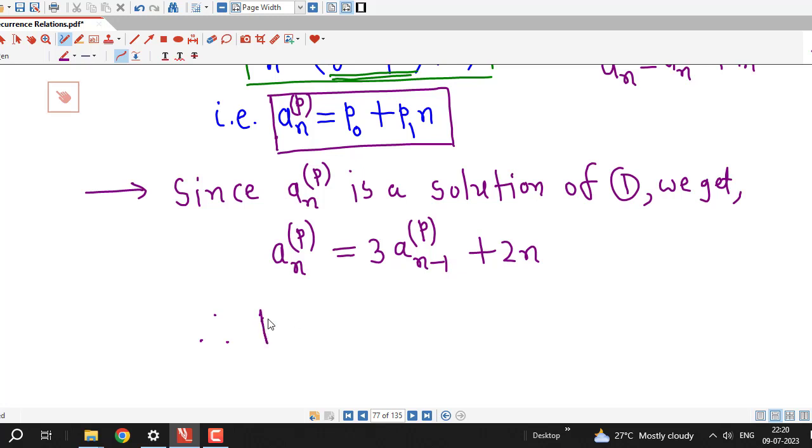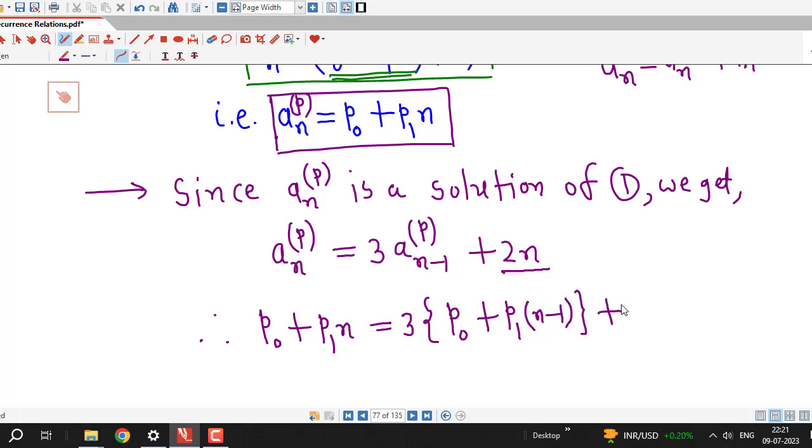It is p0 plus p1 into n, plus 3, here I have a n minus 1. If anp is p0 plus p1 n, then a n minus 1 p will be p0 plus p1 into, instead of n I have to write n minus 1, and plus 2n.